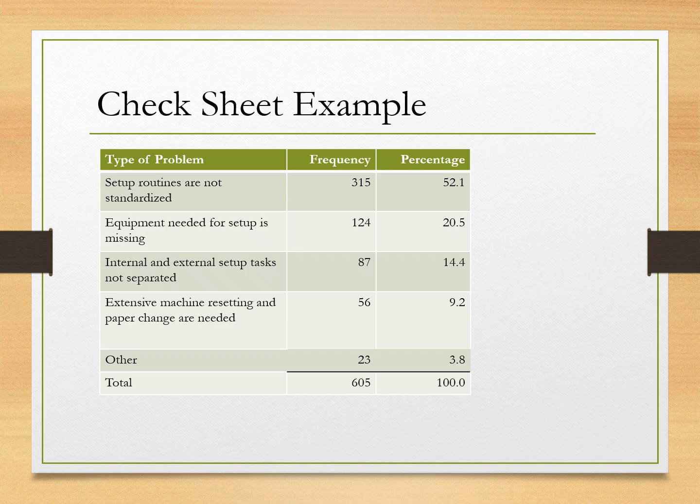And this check sheet transforms vague concerns into actionable data showing exactly where to focus. Fixing standardization alone would eliminate over half the issues. That's something we can infer from this check sheet, and it really facilitates our data-driven decision-making.